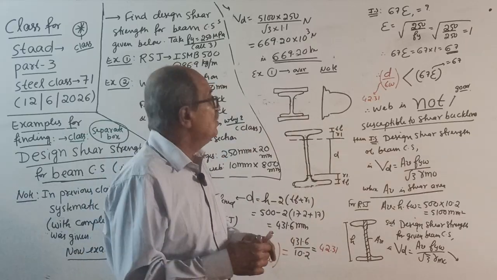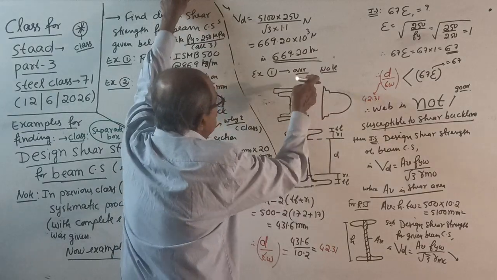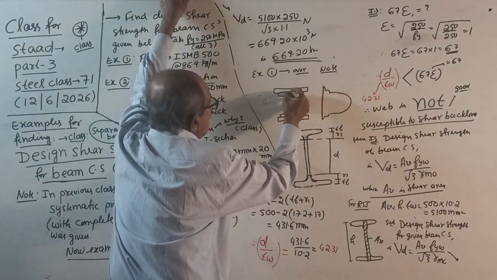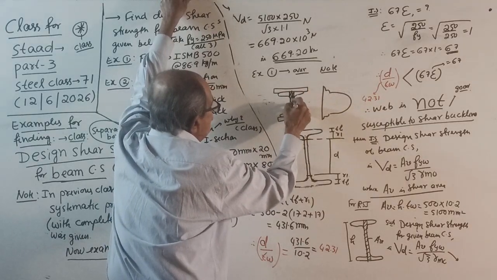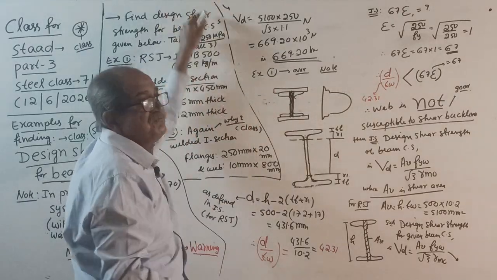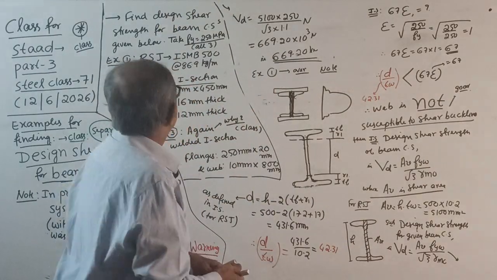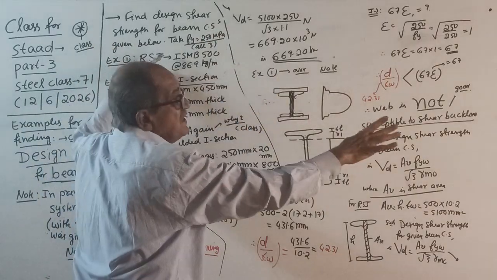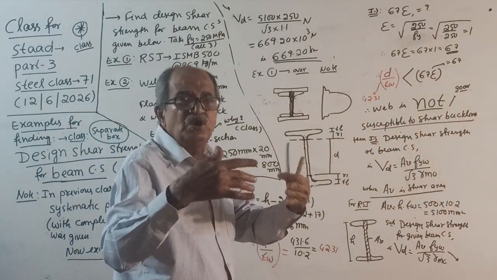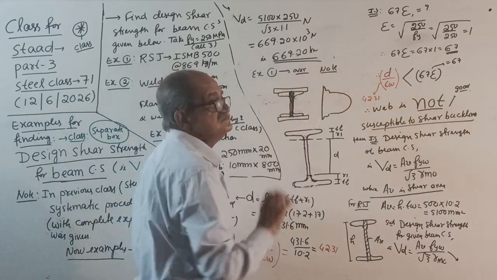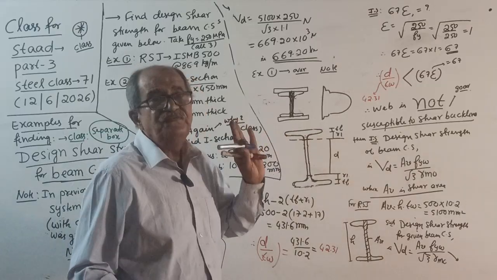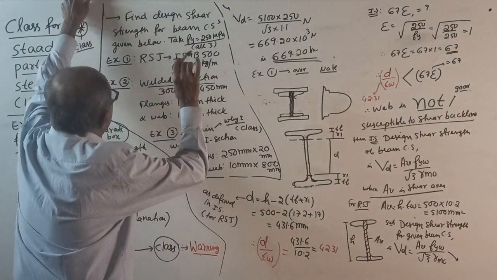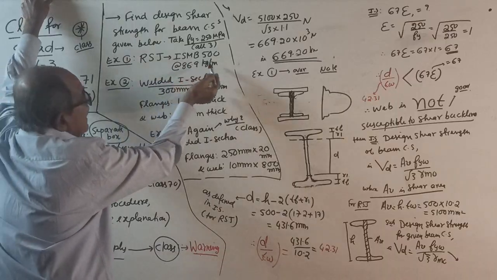So the IS code told, no problem. You ignore the flanges. For shear, you take only this area. That is, even if flange plates are provided, this calculation remains the same. You need not bother about the flange plate. You imagine it is not there. Okay, this is the case of finding design shear strength for RSJ.